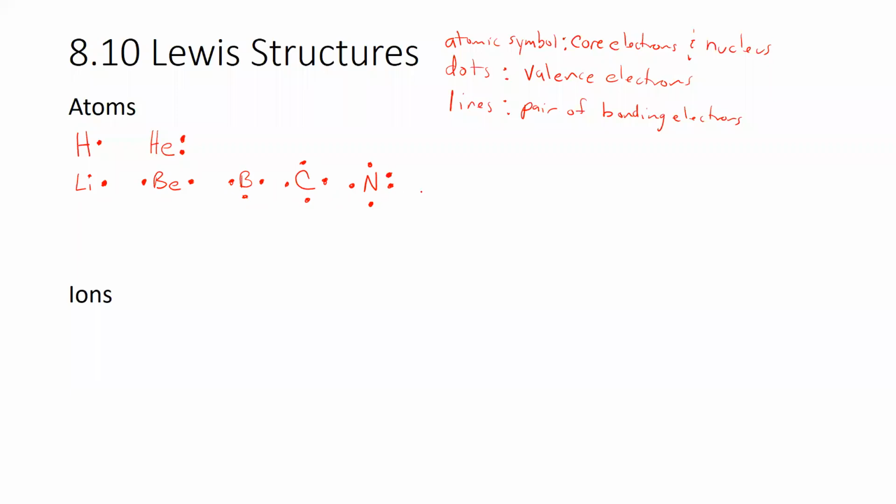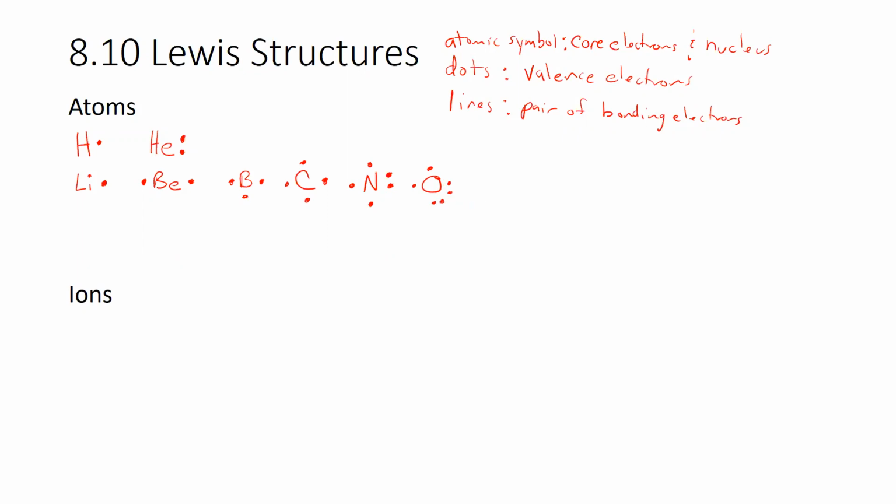Each of these Lewis diagrams or Lewis structures for the atoms is going to tell us how many bonds that element will make. I'll get back to that in a second. Then we've got oxygen. Oxygen has 6 valence electrons. So we go 1, 2, 3, 4, 5, 6.